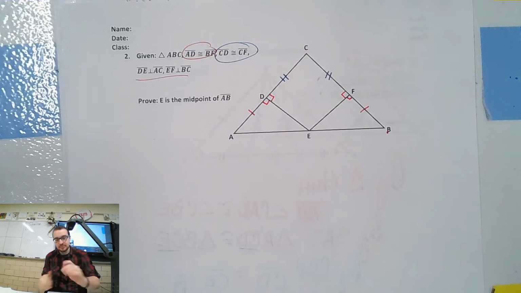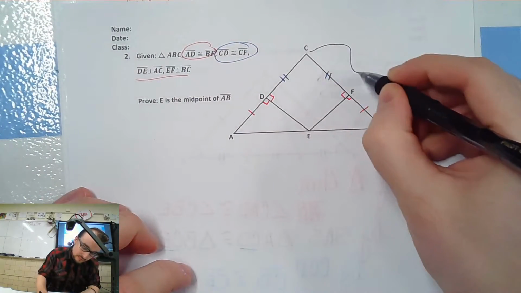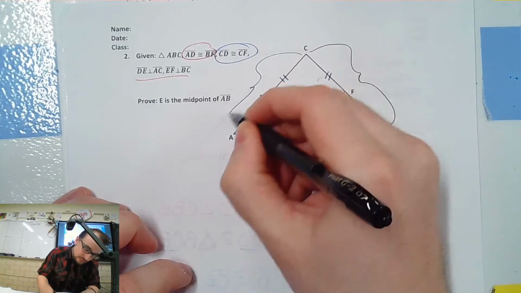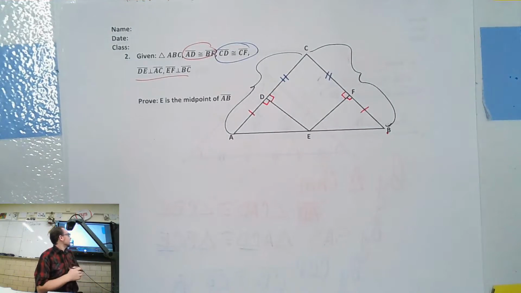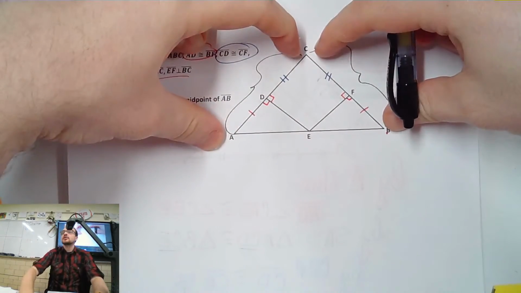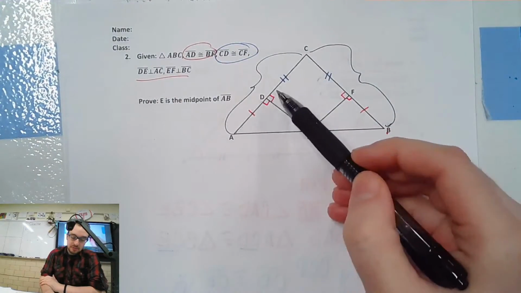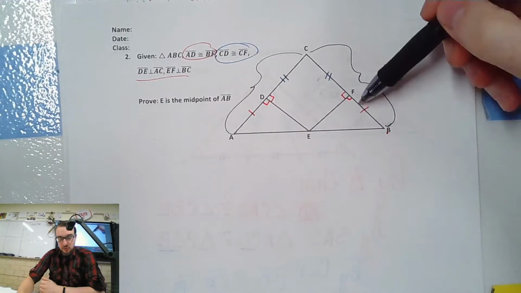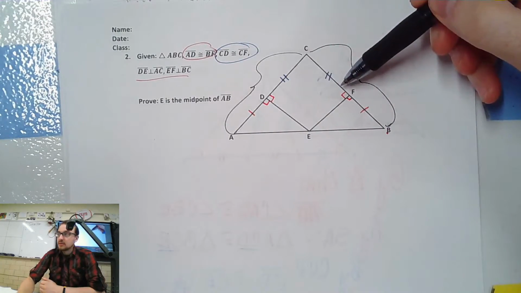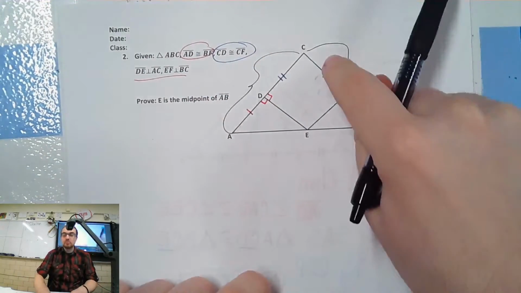Zayden, get us started. You should do segment addition to get the two long sides CB and CA to be the same. Exactly. So these two sides are congruent. Here's how he knows it. This side is equal to red side plus blue side, and this side is equal to red plus blue. So if that's red plus blue and that's red plus blue, they must be the same.